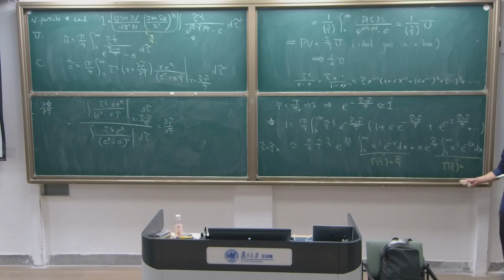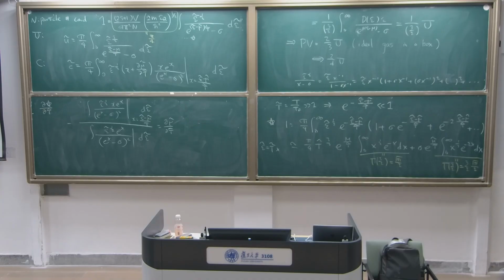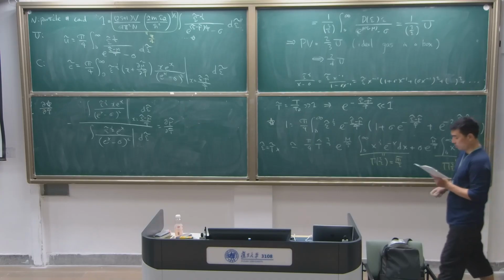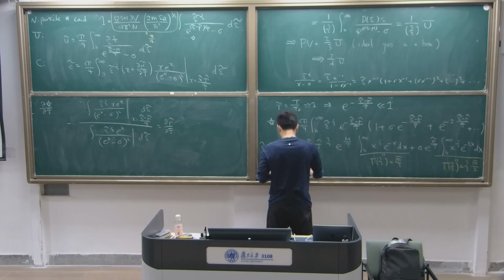If you know this one, you can derive this one, times 3 over 2. Fine. Therefore, this is equal to roughly 1 plus sigma, okay, that's what we get.